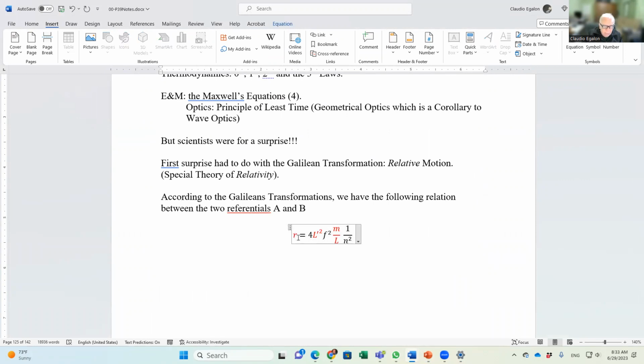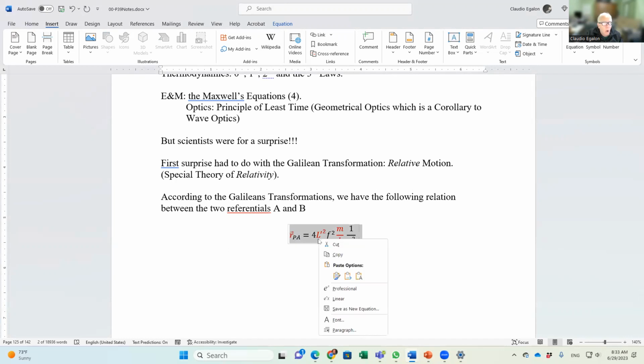I'm going to do it in vector notation first. Position of point P with respect to referential B. Let's do it with respect to referential A first, and then we change it.